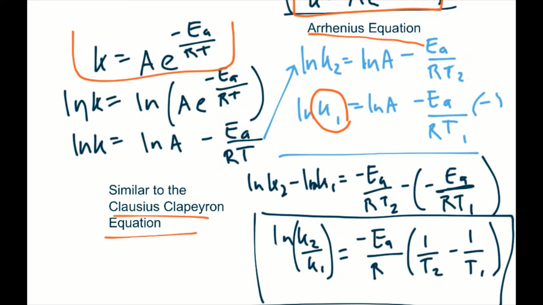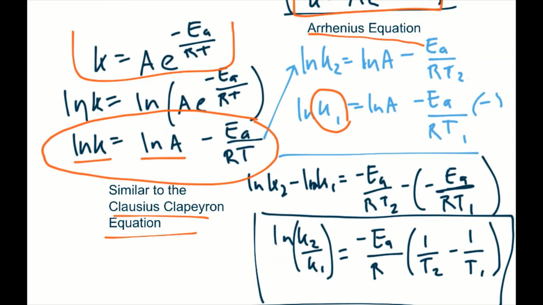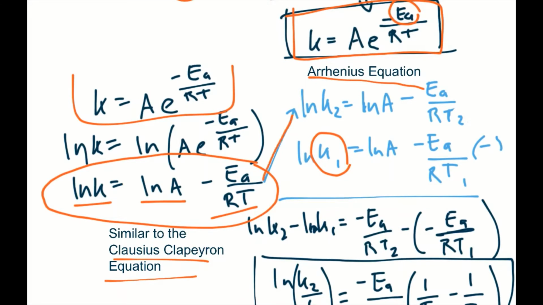We take the natural log of both sides, do some simplification and some log tricks, and we get that the ln of the rate constant is equal to the ln of A minus the activation energy over RT. Let's put two different conditions, where we have K2 and T2 and K1 and T1.